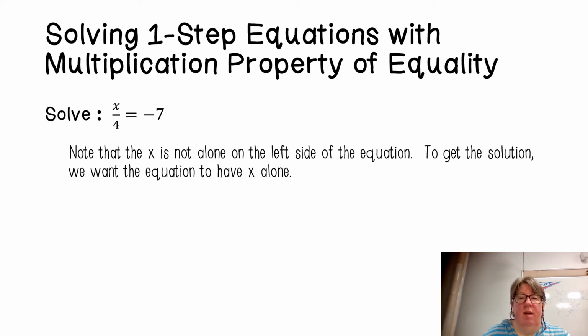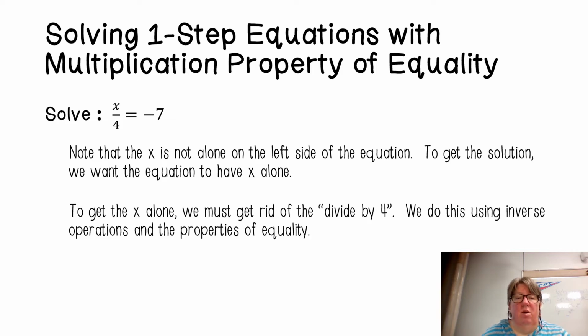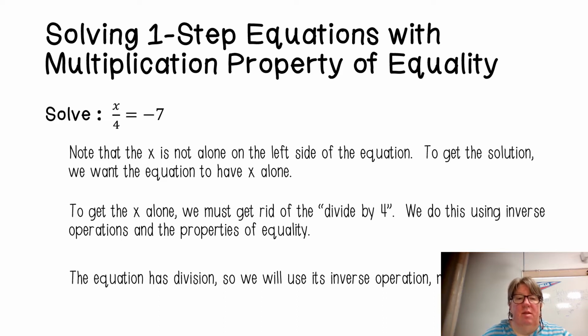It has that divide by 4. We want that x to be alone. So to get the x alone, we have to get rid of the divide by 4. And we do that using inverse operations and the properties of equality.